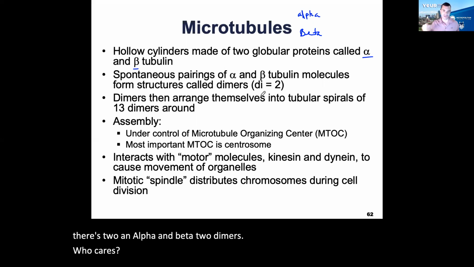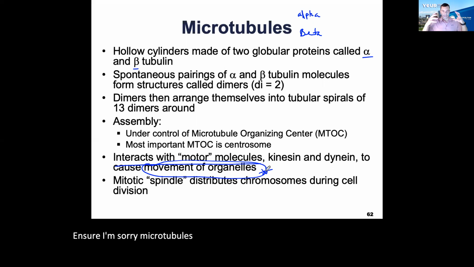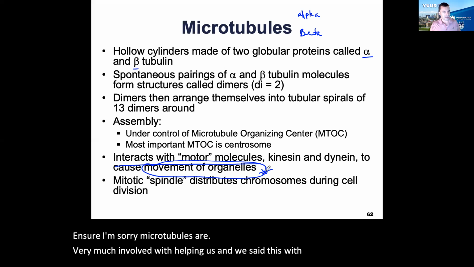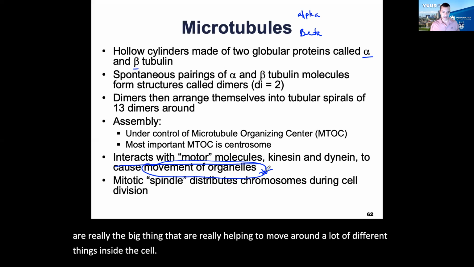What in the heck do they do? Microtubules are very much involved with helping us, and we said this with actin, but microtubules are really the big thing that are helping to move around a lot of different things inside the cell, okay?